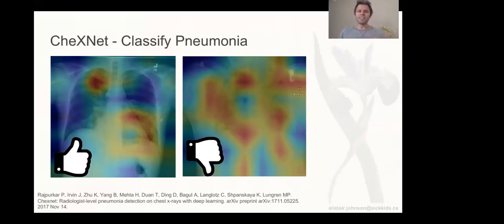But if you looked at some of the other images, it was looking a little bit all over the place, which was weird. In particular, it was looking at regions outside of the lungs, which does not make sense for pneumonia, because pneumonia is a condition that you find in the lungs. So you shouldn't really be using information outside of the lungs to make that diagnosis. And if you are, something weird is going on.